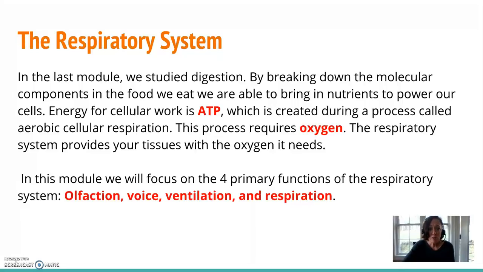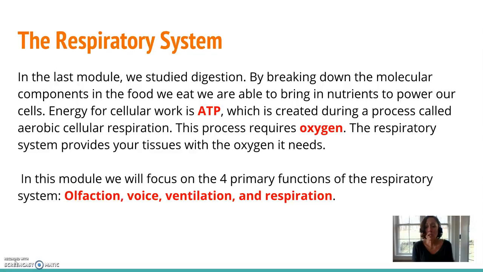So the last module we studied was digestion. And in digestion we learned that you have to break down the molecular components of your food so that you can get those very tiny nutrients to move into the cells so that your cells can do the work that they need to do. They need the power and the energy. Well, the energy that they use is ATP, and to make ATP, your body goes through a process called aerobic cellular respiration, and that process needs oxygen.